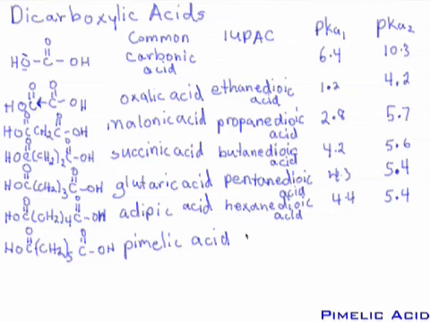Pimelic acid is heptane dioic. The pKa of heptane dioic is 4.5 for the first pKa and 5.4 for the second one.